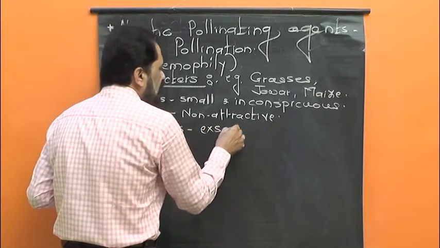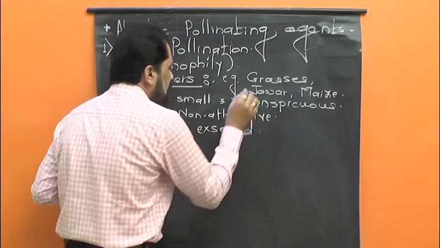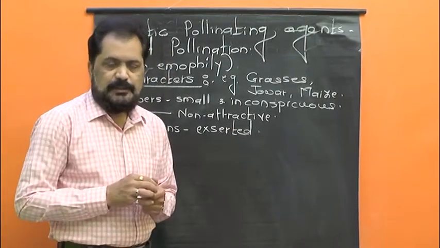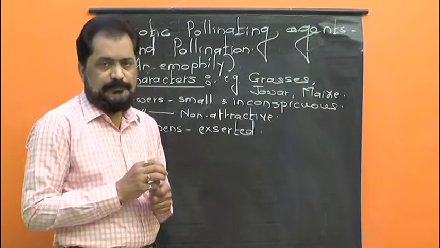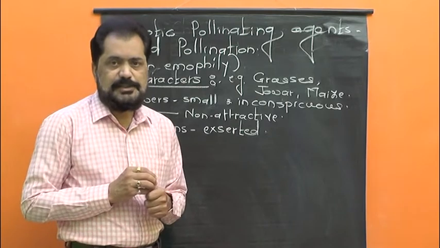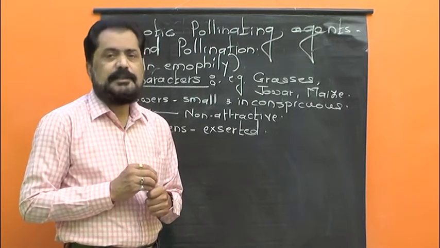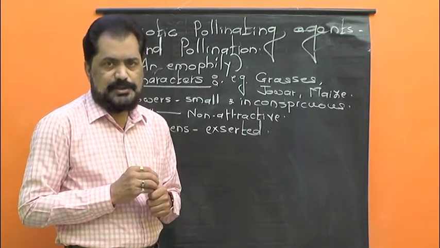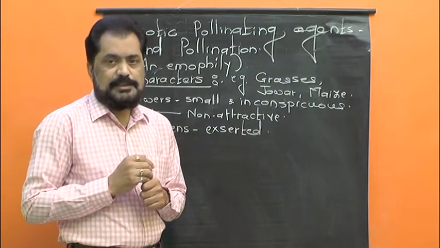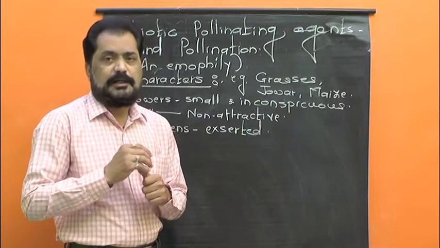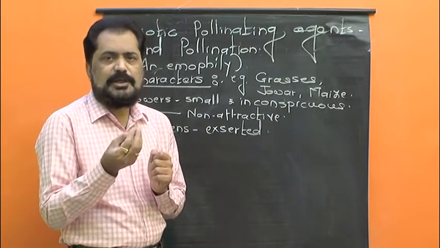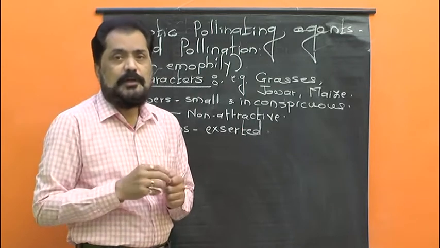The stamens in these flowers are exserted. Exserted means what? In these flowers, the filaments of stamens are elongated, and that's why the anthers are raised high up in the air. We can say the anthers are raised above the flower, that means the anthers are protruded out of the flower.